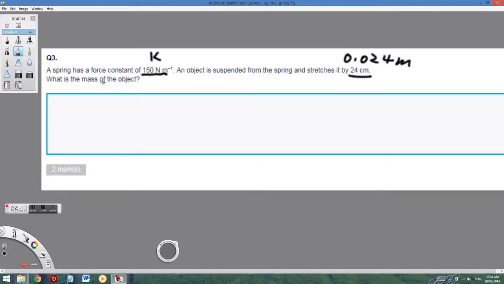What is the mass of the object? We need to find the force, the gravitational force, first. So F equals kx. Put the values in.